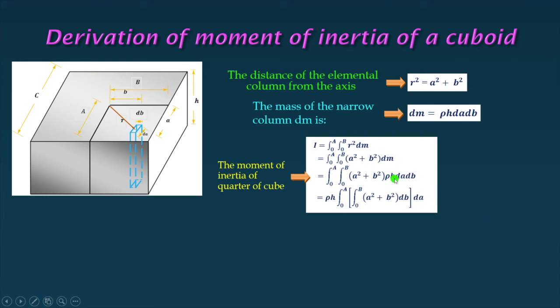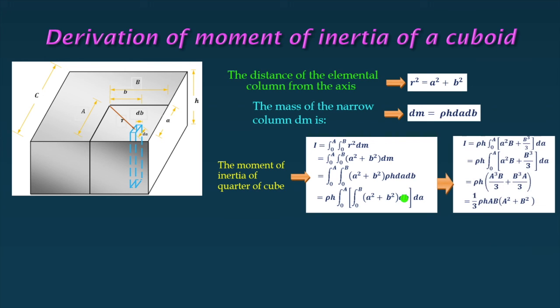And here rho and h are constant: rho the density and h the height. So first you integrate with respect to b and then with respect to a.